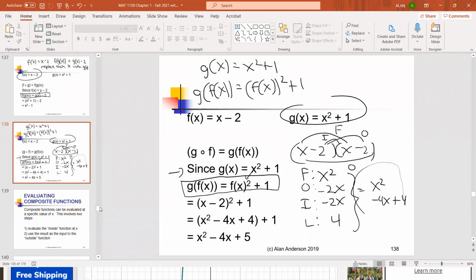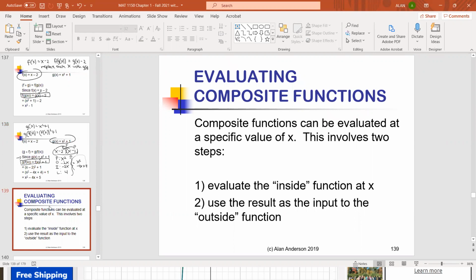Very good. Now, what if I need an exact value, though? What do I do now? So the next step is to figure out how to evaluate these composite functions with a specific number. Typically, the quickest thing to do is to evaluate what I'm calling the inside function.